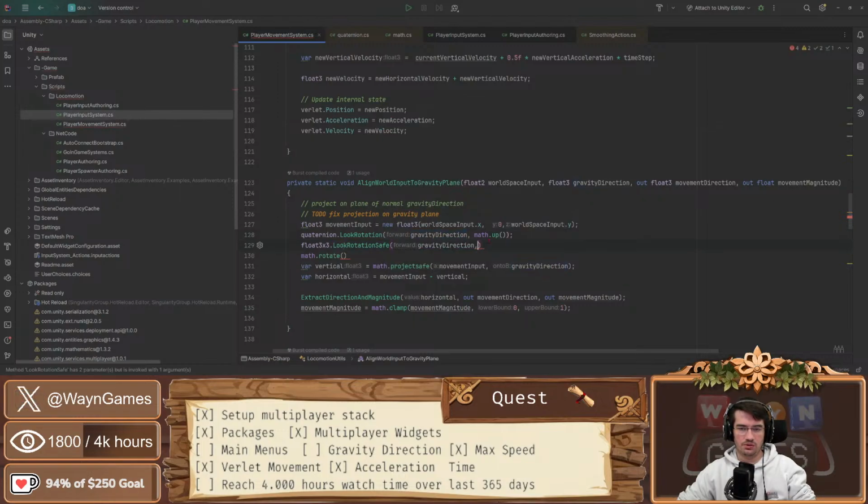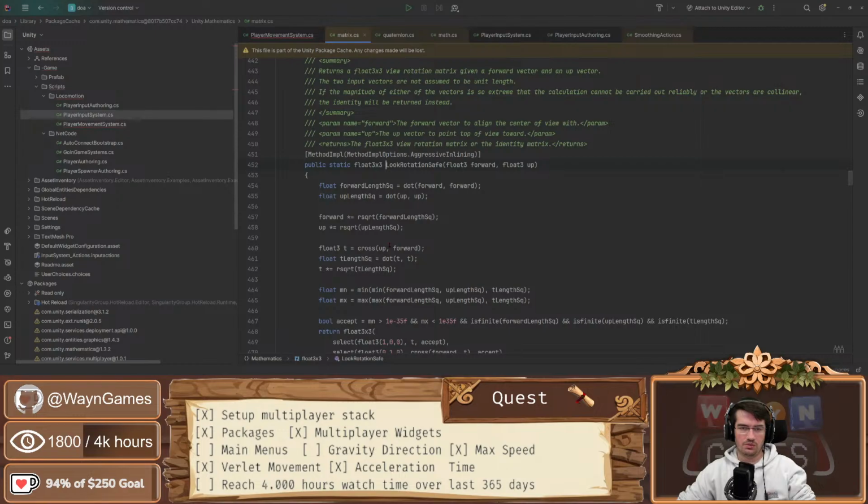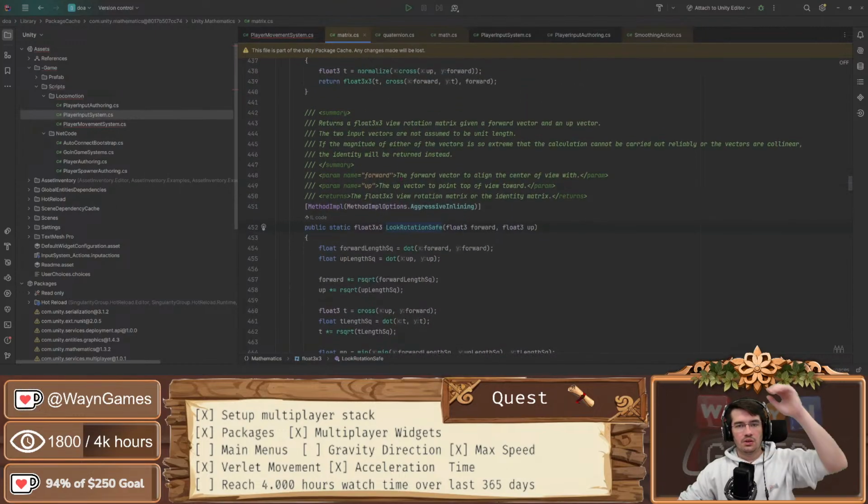Let's use this one instead. This one is saying, return the float 3x3 view rotation matrix given forward vector and up vector. If the magnitude of either of the vectors is so extreme that the calculation cannot be carried out reliably, or the vectors are collinear, the identity will be returned instead. That's good.